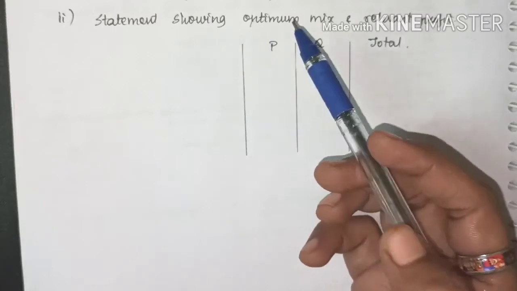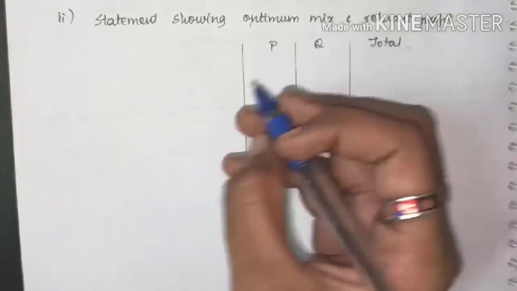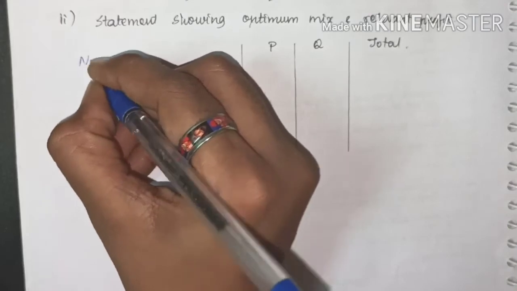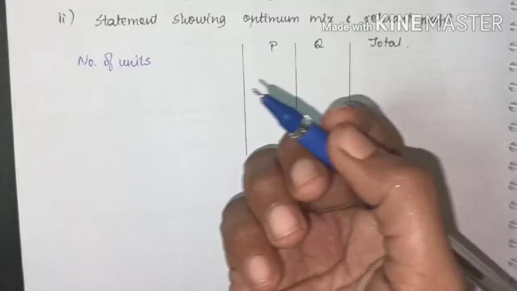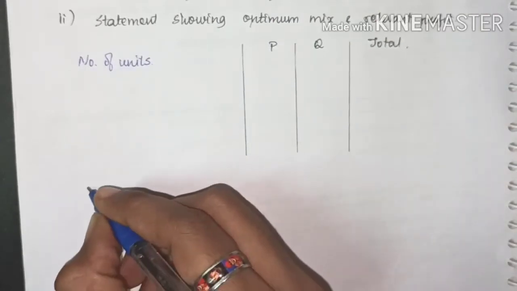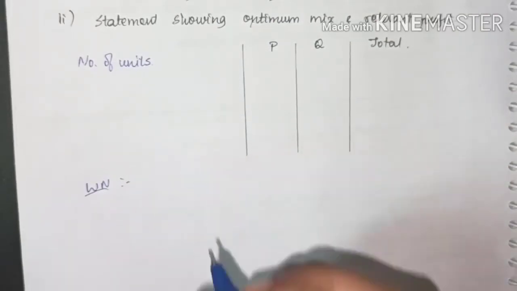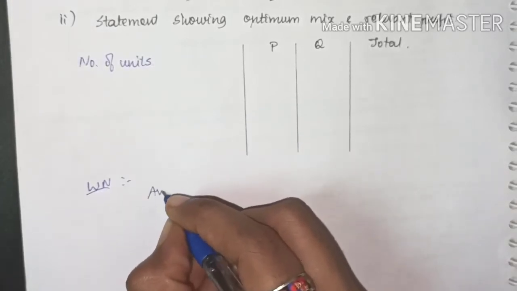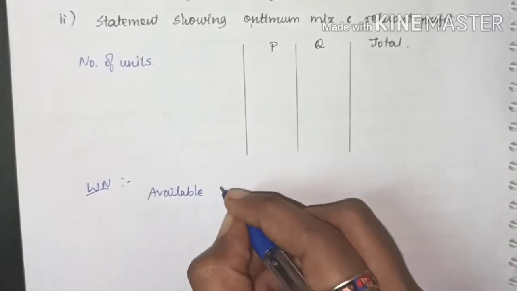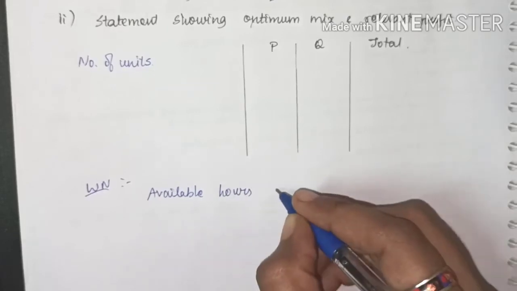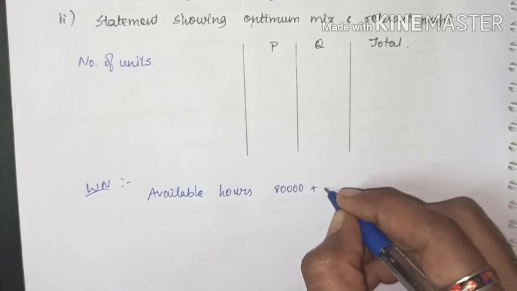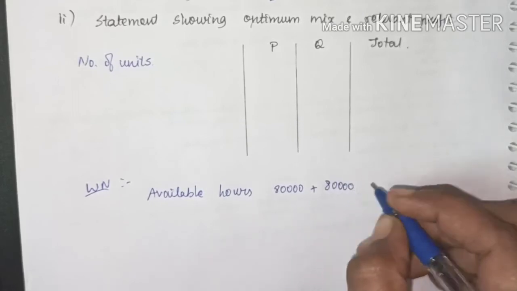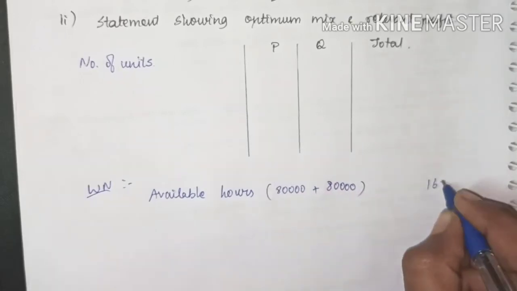Second one is statement showing optimum mix and relevant profit. First we need the number of units. For this we need some workings. Available hours: 80,000 hours in P and 80,000 hours for Q. Totally 1,60,000 hours.